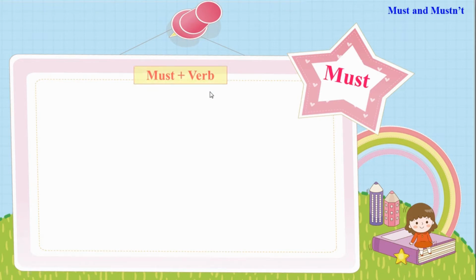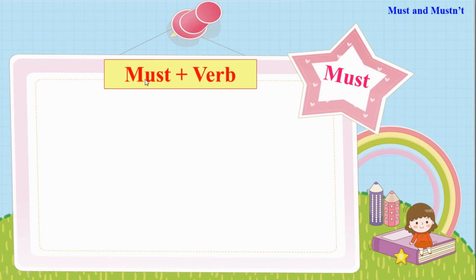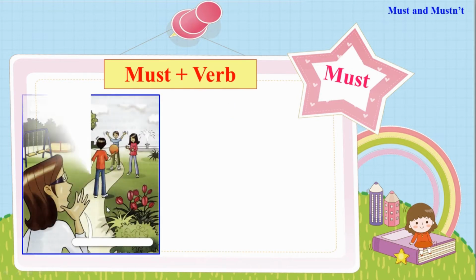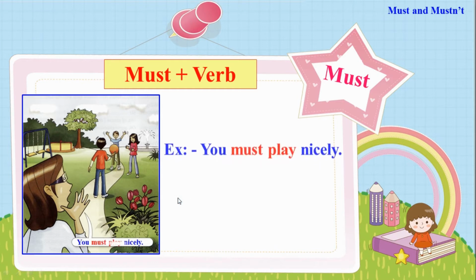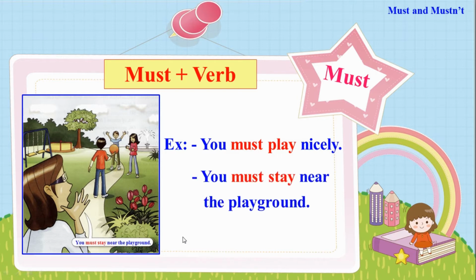So we have the form must plus base form. Now look at the picture. Can you give me an example? Yes. For example, you must play nicely. Or what else? Yes, you must stay near the playground.